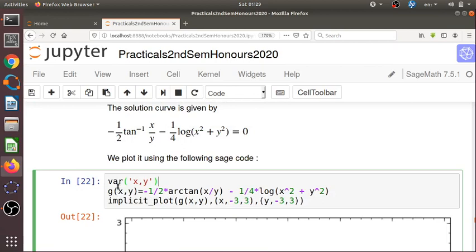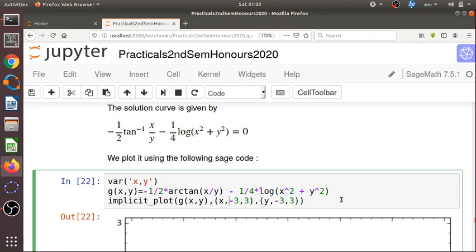We need two variables here, x comma y, and g of xy is this particular LHS. You can remove the minus as well, because you can multiply both sides by minus. So g of xy is this. And implicit plot of g of xy, we are plotting it from x equal to minus 3 to 3, y equal to minus 3 to 3.